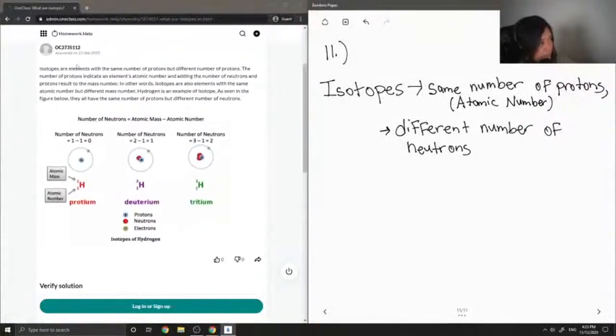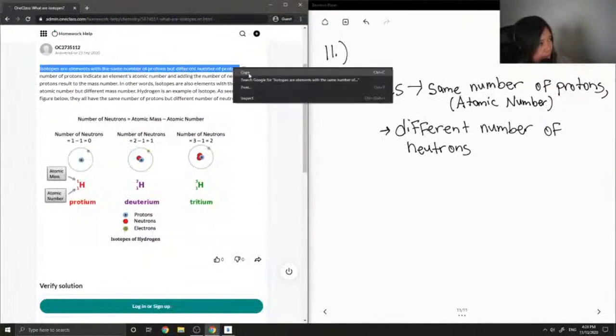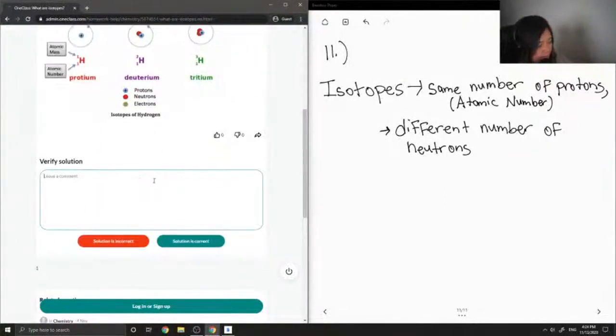Okay, so this solution was correct, but I'm also going to copy this part and just correct that part. Different number of neutrons.